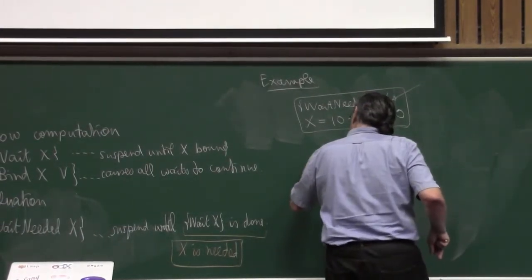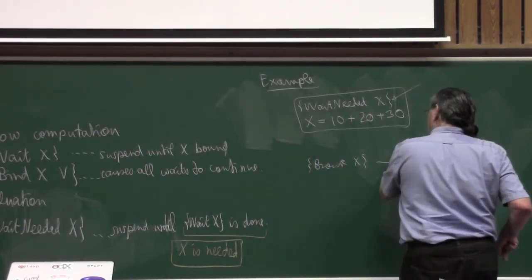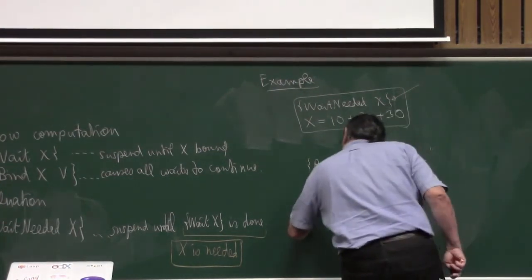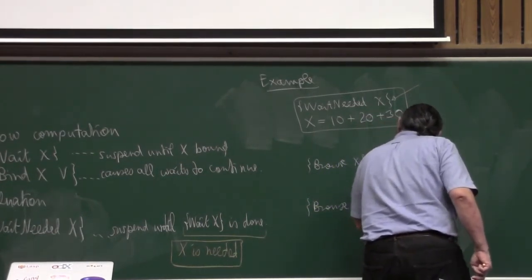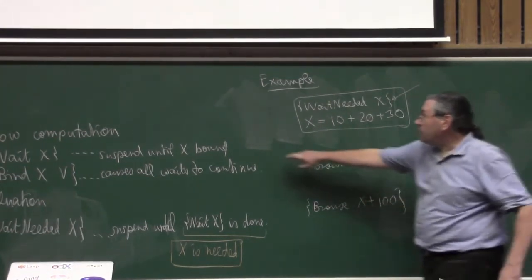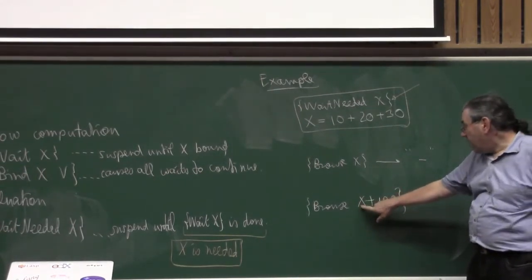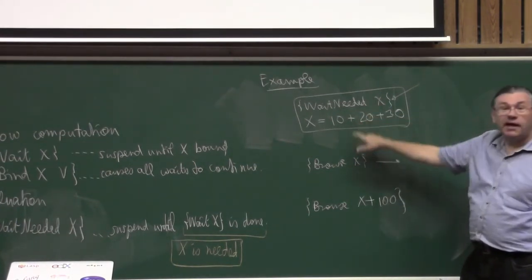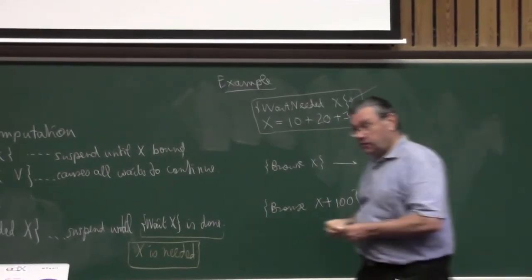If I do browse x, it will display an underscore, because the browse does not do wait. If I do browse x plus 100, then this plus operation has data flow semantics. So this plus operation will do a wait on x. The wait on x means it needs x, and that will cause the x to be bound. So you see, the need for x drives the computation.